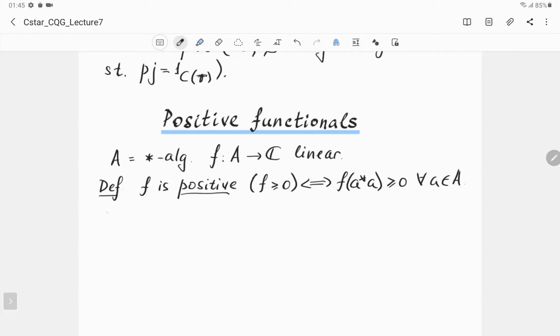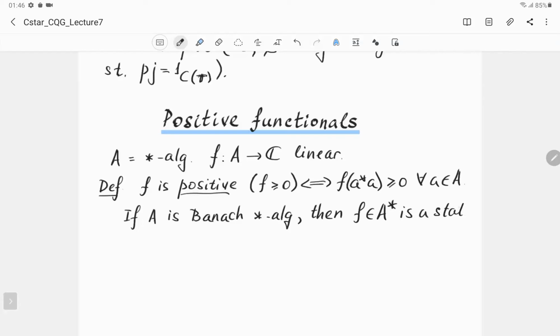And one more definition. If A is a Banach star algebra, then if we have a bounded linear functional F on A, we say that F is a state if it is positive and the norm of F equals 1.